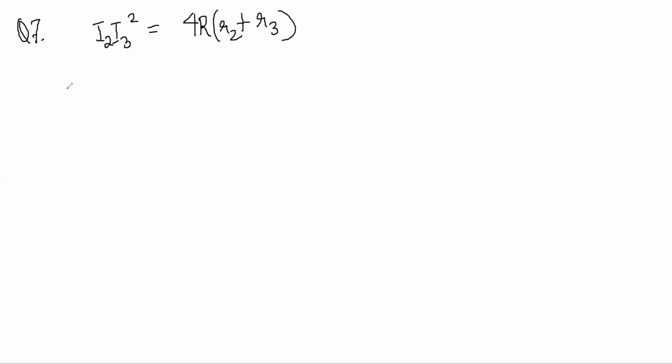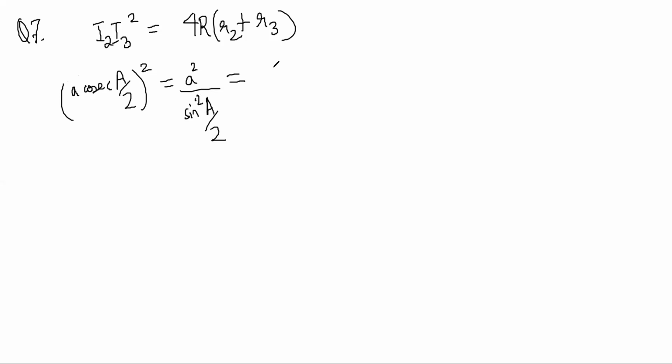Tan B by 2 is A cosec A by 2 whole square. So it's just A square by sine square A by 2, right?